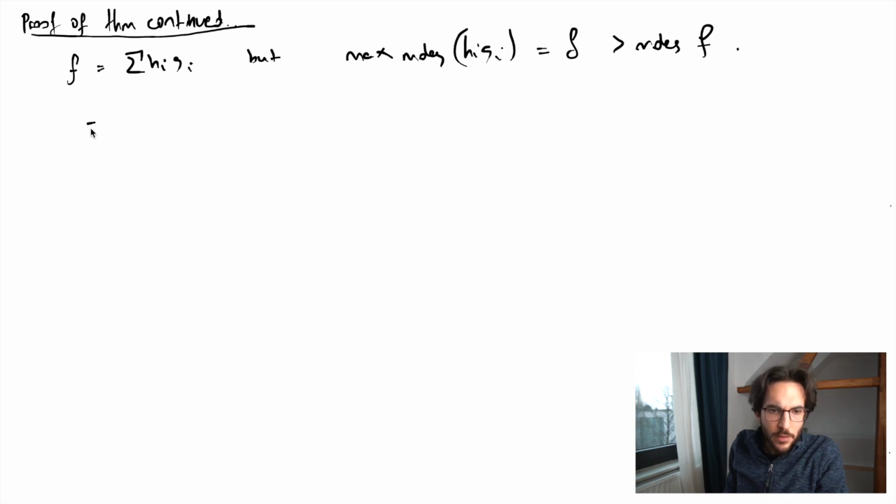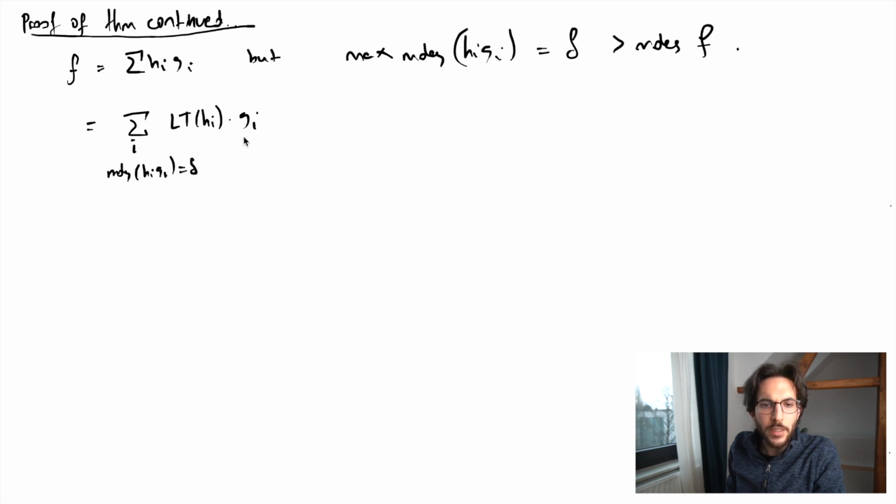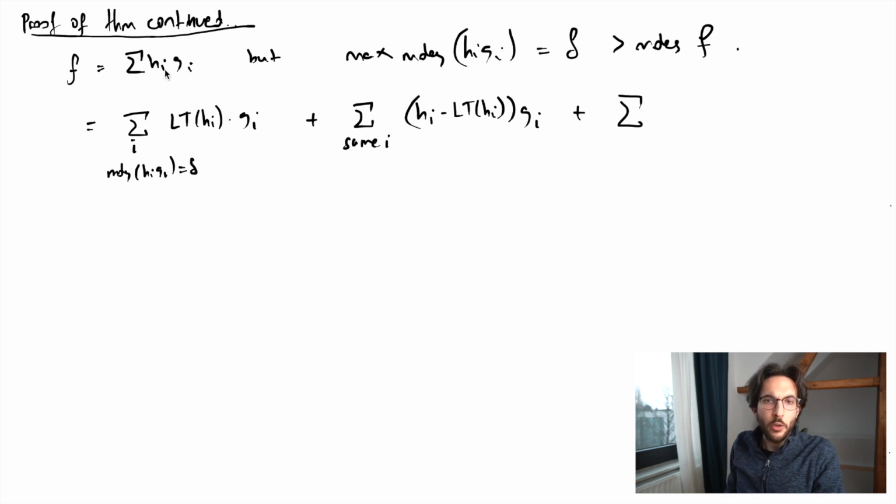So let's write this as follows. We have the leading term of h_i times g_i, but over all i only when the multi-degree of h_i g_i is delta. So I'm collecting all the highest terms into one summand. So same i as this one, but now I want to say h_i minus the leading term of h_i times g_i. Okay, so when you collect them, I collect the h_i's with high multi-degree, and then let's say the other i's.